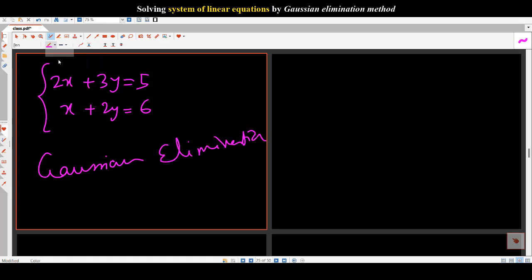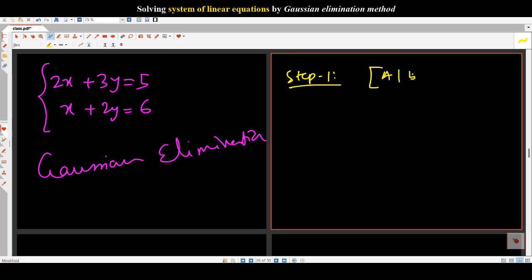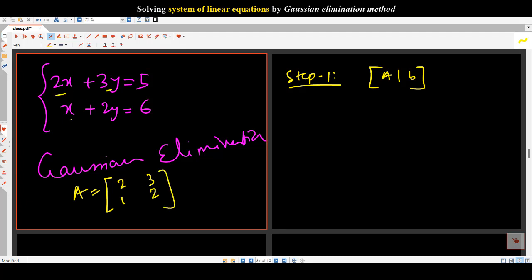So first step is to write in A separation B form. You can see here A will be 2, 3, 1, 2. These coefficients. B will be 5 and 6.